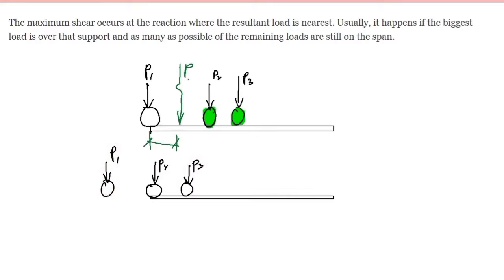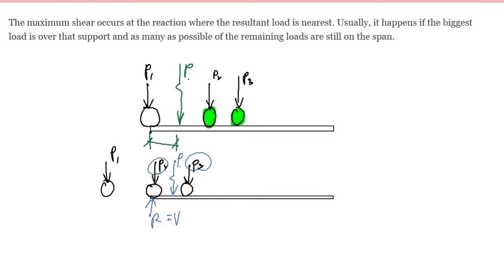So in this case, magpo-compute ulit tayo ng panibagong resultant P, no? Na kung saan ang consideration natin sa resultant P na to ay si P2 at saka si P3 lang. And then we are going to compute for the reaction here, which would be equal to the shear.